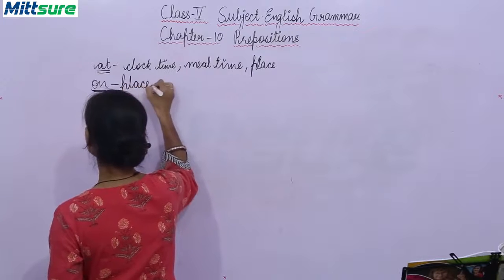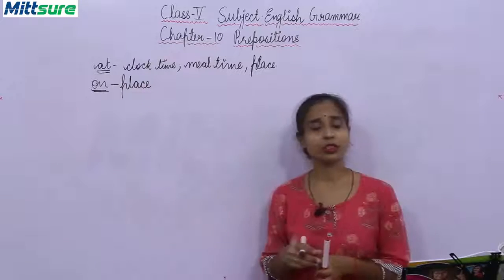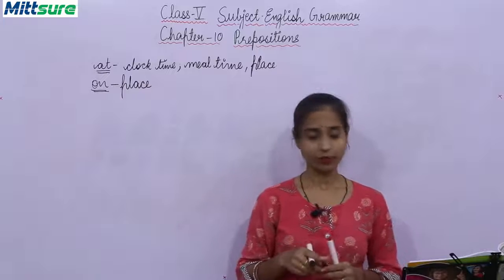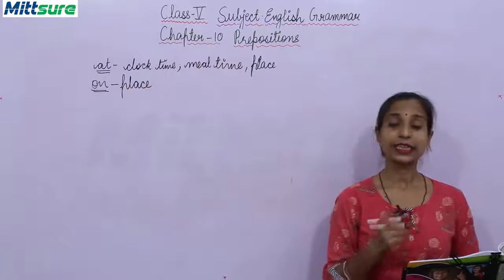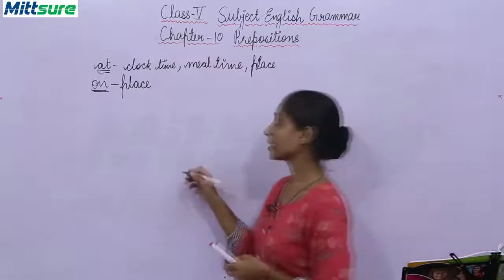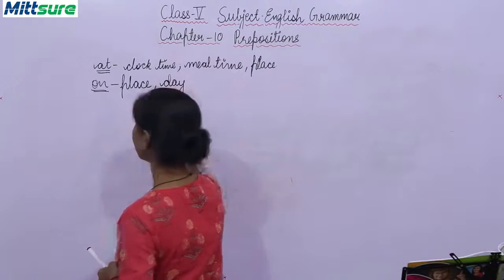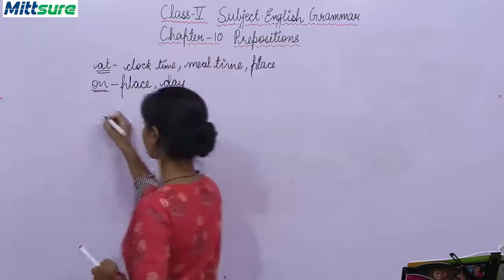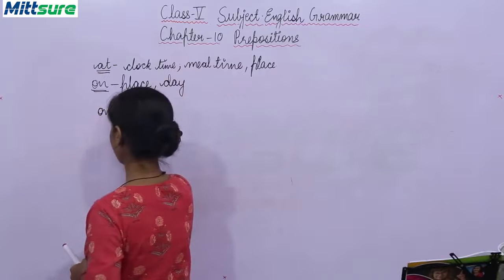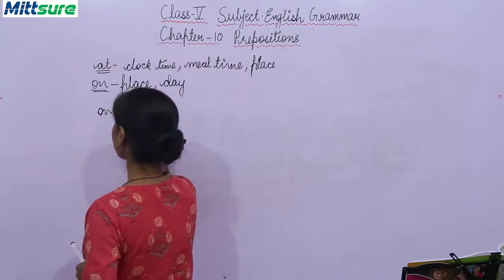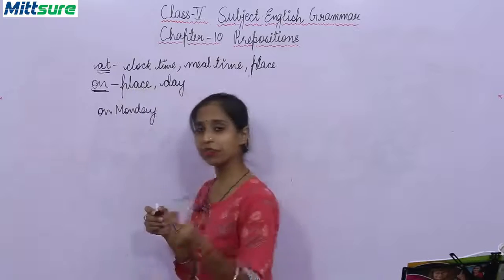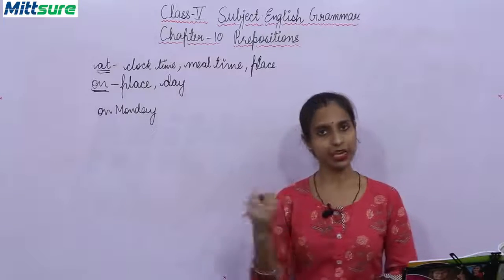Though we have understood that it is used for place, we are very clear with that. Now, what are the other uses of "on"? First use, day. It is used in front of a day name, like on Monday. I'll see you on Monday. Give me the file on Tuesday.